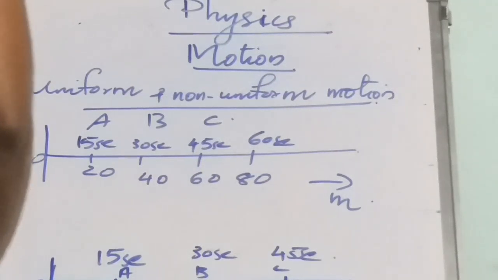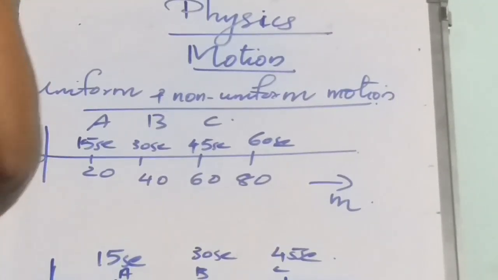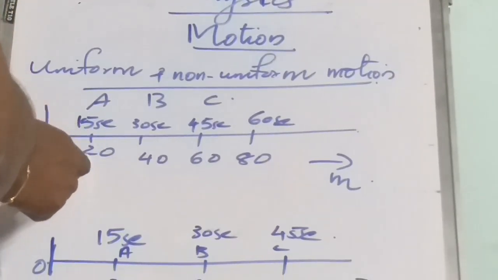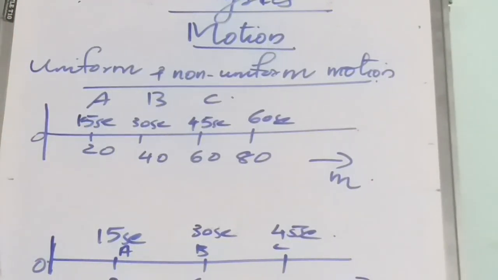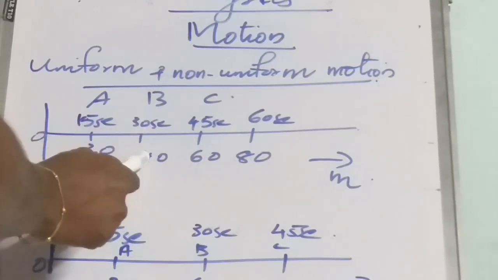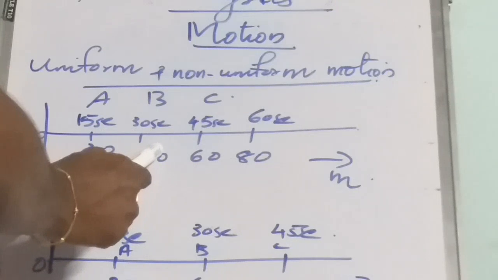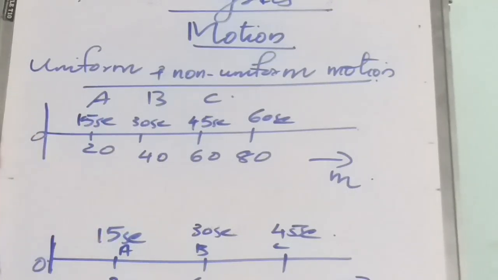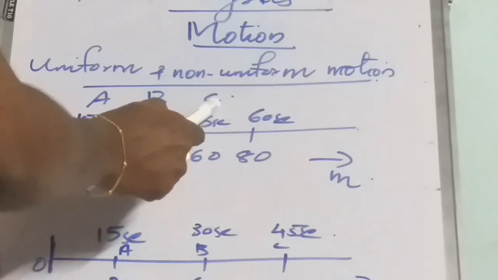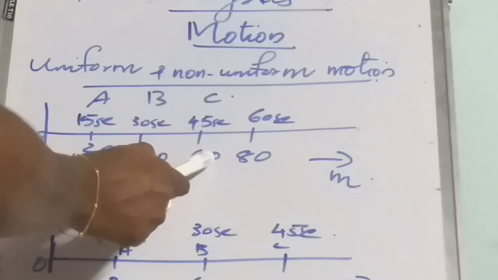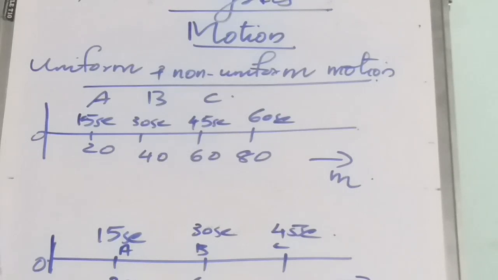Let us consider an example. A car starts from O and after 15 seconds it reaches A, covering a distance of 20 meters from the origin. In the next 15 seconds it reaches B, covering a distance of 40 meters from the origin. And in the next 15 seconds it reaches C, covering a distance of 60 meters from the origin.